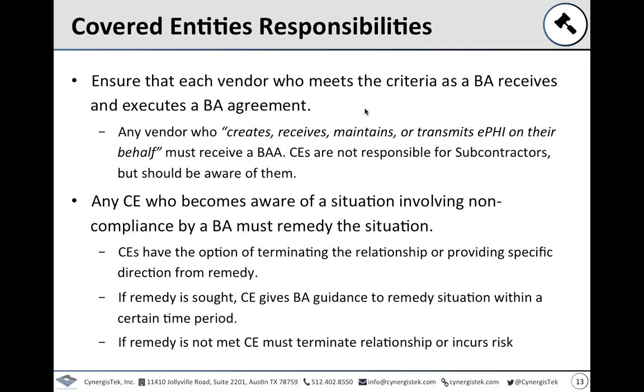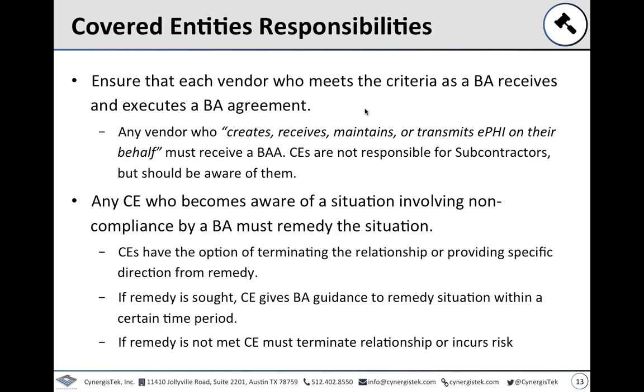They can terminate the relationship with the business associate, or they can provide guidance to the business associate to remedy their non-compliance. But if the covered entity terminates the relationship, they have to make sure that the business associate returns their protected health information or destroys it or disposes of it in a manner that's protective of the health information.